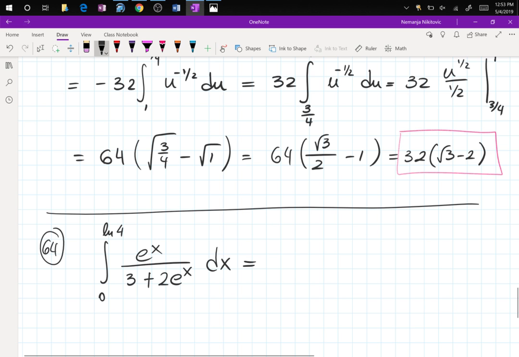So this one is tricky, right, to find u.